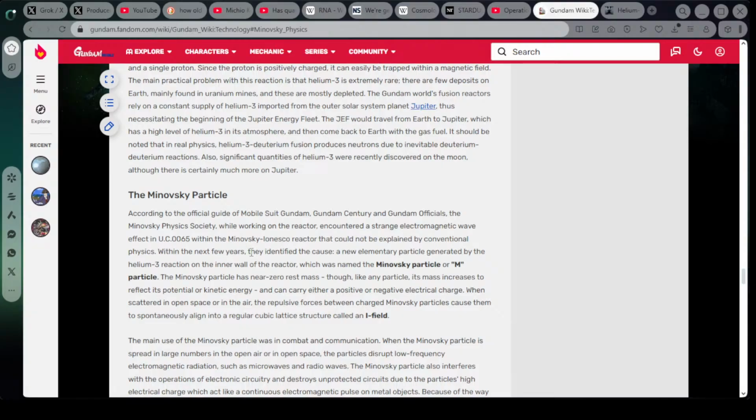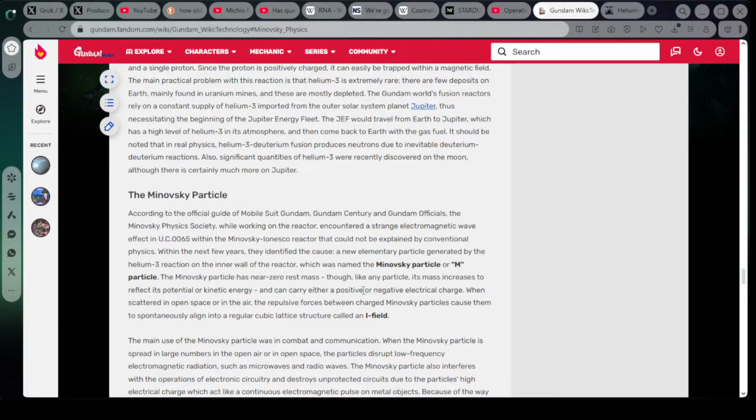Within the next few years, they identified the cause, a new elementary particle generated by the helium-3 reactor on the inner wall of the reactor, which was named the Minovsky particle, or M particle. The Minovsky particle has a near zero rest mass, though, like any particle, its mass increases to reflect its potential or kinetic energy and can carry either a positive or negative electrical charge.